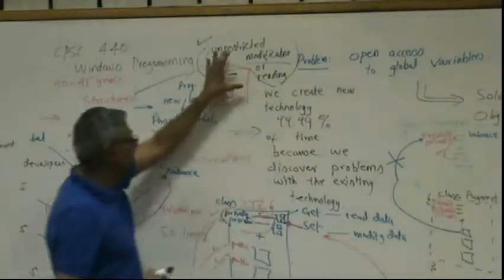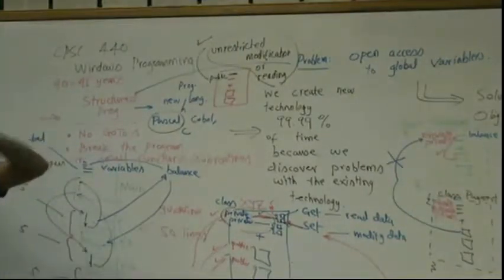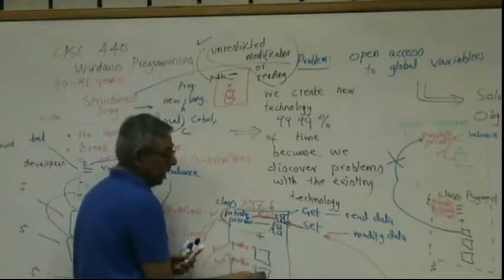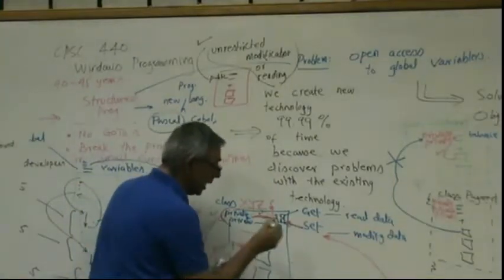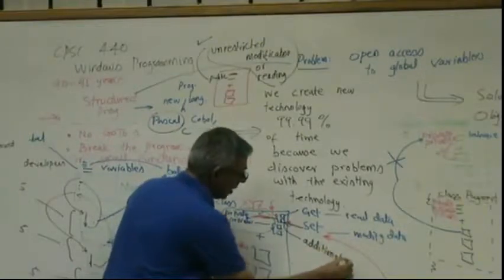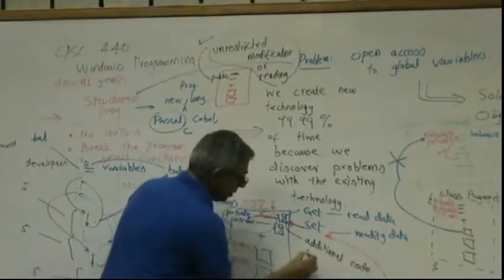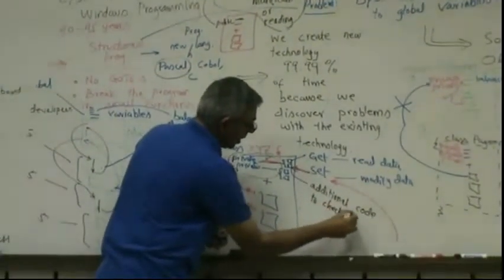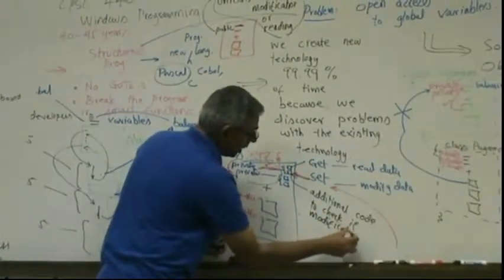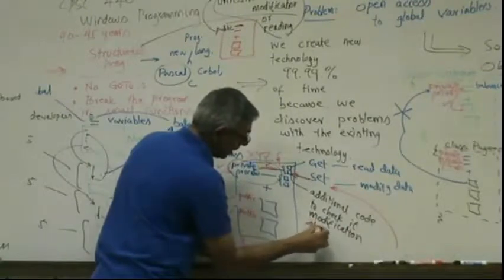Okay, so this will not solve the open access problem, right? Why is this different? Because set is a function. In a function, we can write additional code to check if modification will be allowed or modification should be allowed.